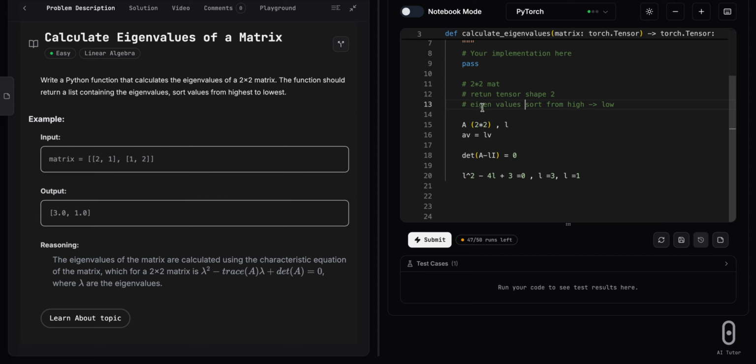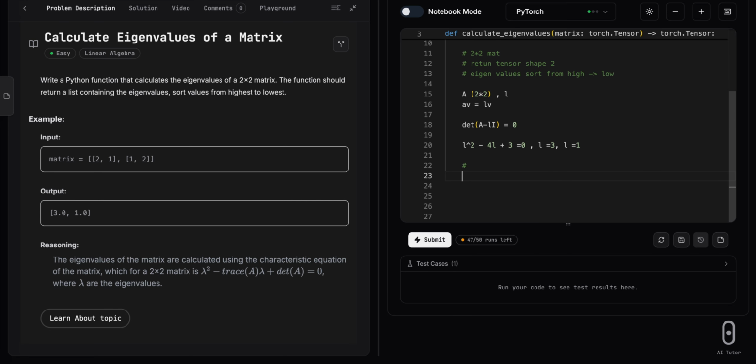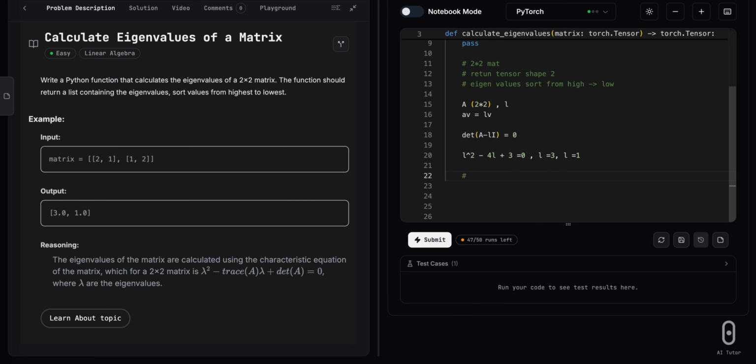One more thing for eigenvalues, we'll ask the interviewer some questions. Are we guaranteed that these eigenvalues are real, because eigenvalues can be complex? Here we see that the eigenvalues are 3 and 1, so we'll assume that these are real eigenvalues. But we could tell the interviewer that if the discriminant, the part under the square root, b squared minus 4ac, is negative, then eigenvalues can become complex.